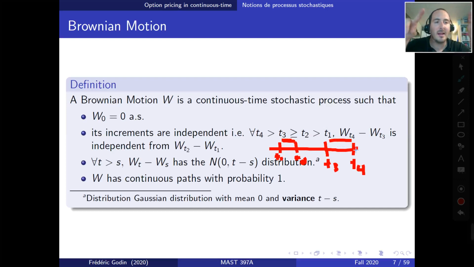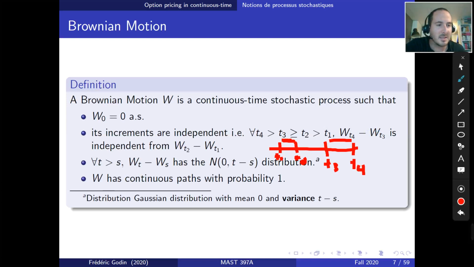Meaning that for any two intervals that are disjoint, t2 and t3 can be the same value, but otherwise, if the intervals are disjoint, then the variation of the Brownian motion in these two increments must be independent, regardless of what these two intervals are. So this is the intuition.